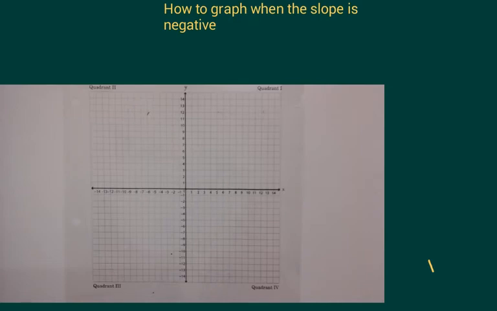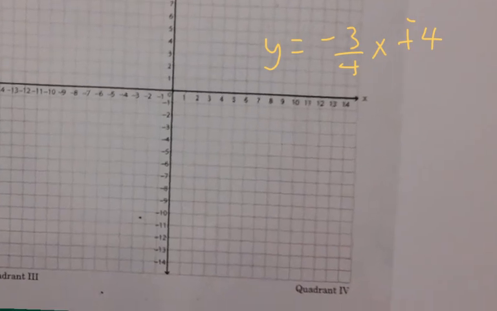Now what to do if the slope is negative? Let's take the same example actually. Y equals -3/4 x minus 4. So I had minus 4, so we're going to make that plus -4. And let's go ahead and put it on the graph.